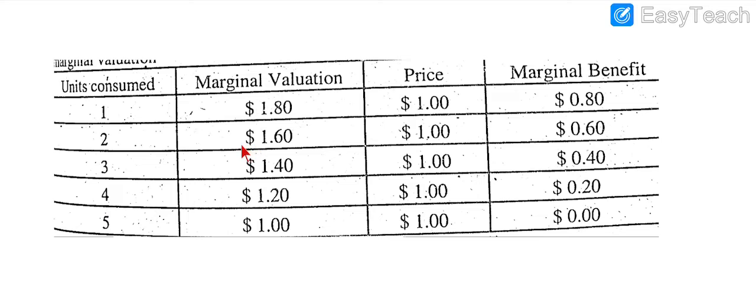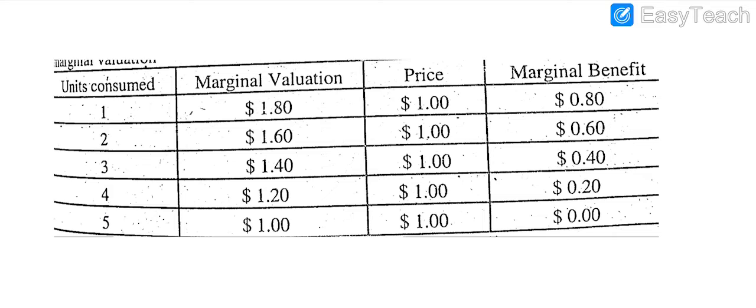It means that the marginal utility derived from the second unit of the good is at least equal to $1.60, otherwise he would not have purchased the second unit, and the marginal utility attained by the third unit is 1.40, and the price falls further.